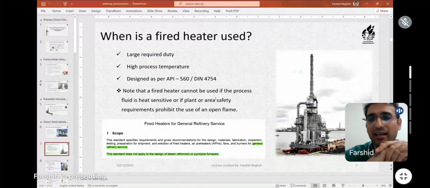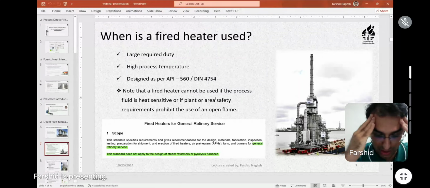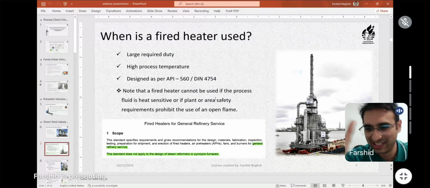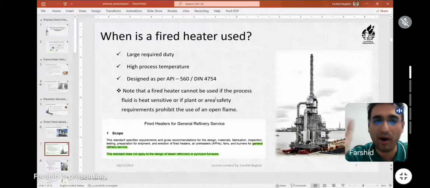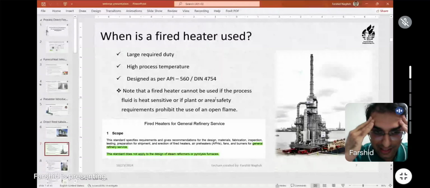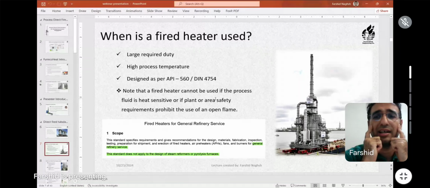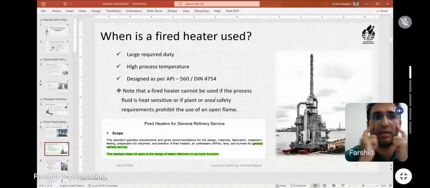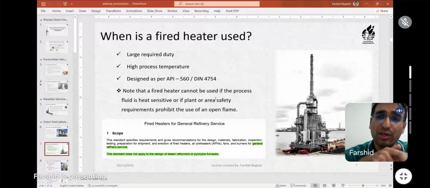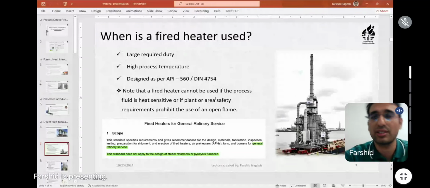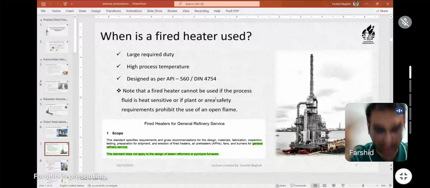But above that, when larger duties or high process temperatures, starting from 300 degrees Celsius and above, are needed, we have to use a fired heater because of the heat available from the combustion of fuel, and also because of the limitations of the footprint, so that we cannot use a shell and tube heat exchanger.